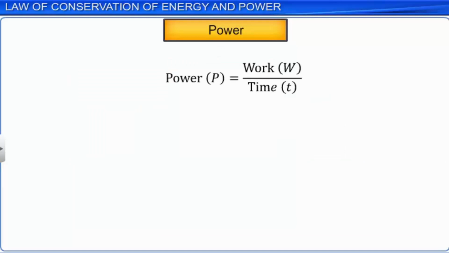Instantaneous power P is equal to dW by dt. But dW is equal to F dot dr, where dr is the displacement.